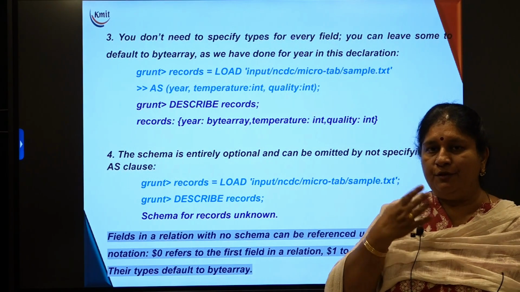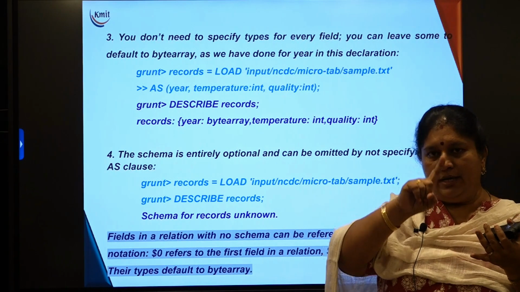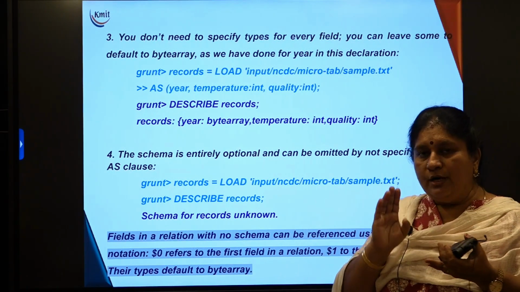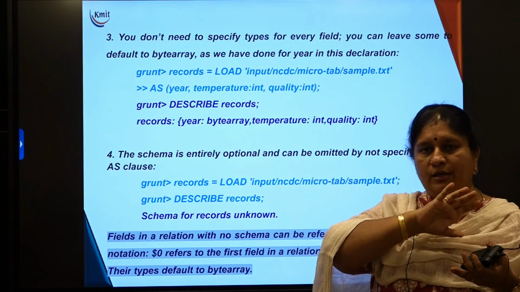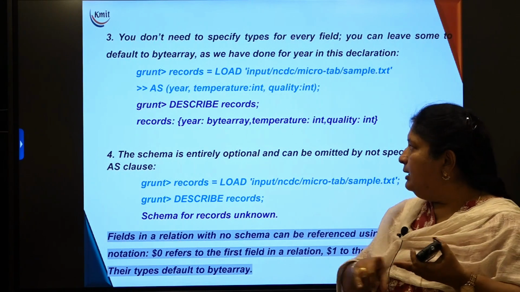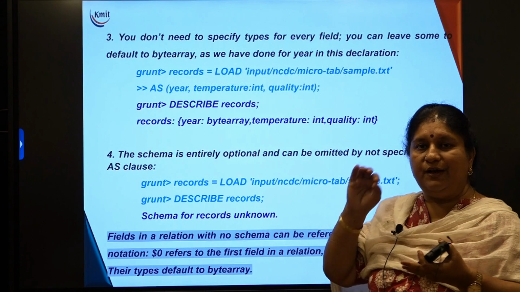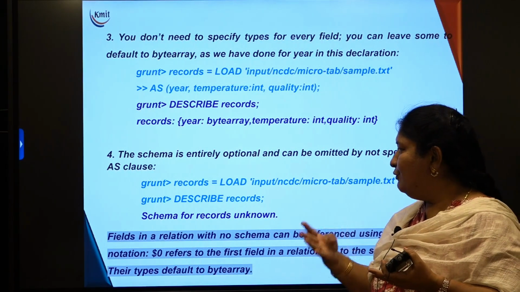Try to identify the 4 options. First one, you are specifying the attribute name and the data type. Second one, you are specifying only the field names, not their data types. Third one, partial specification, only for some of the attributes you are specifying the data type, for others you are not specifying. What is the fourth option?